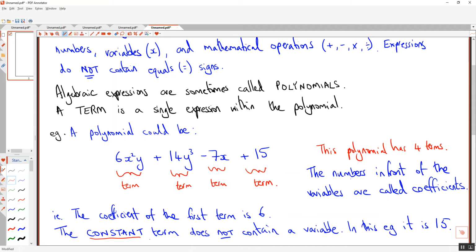All okay? Yeah? Just let everybody finish copying.